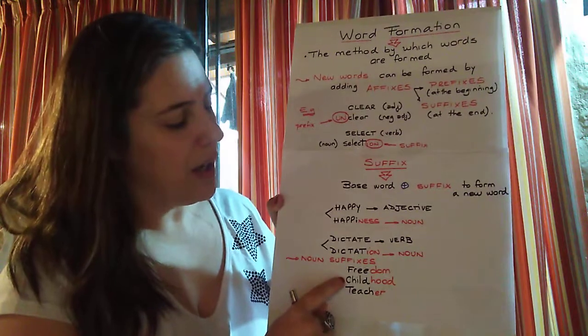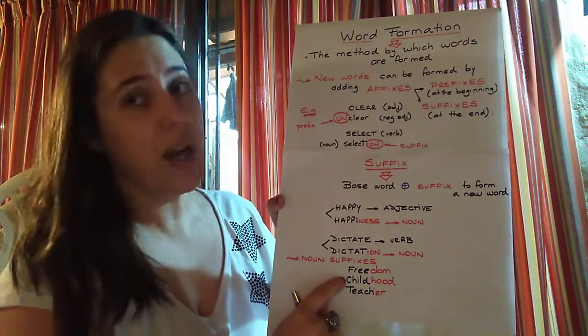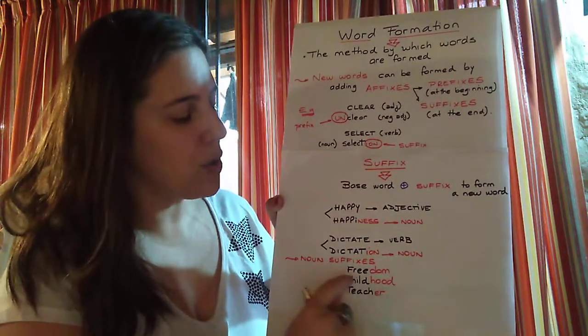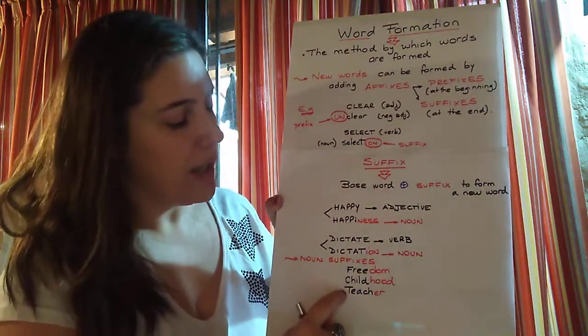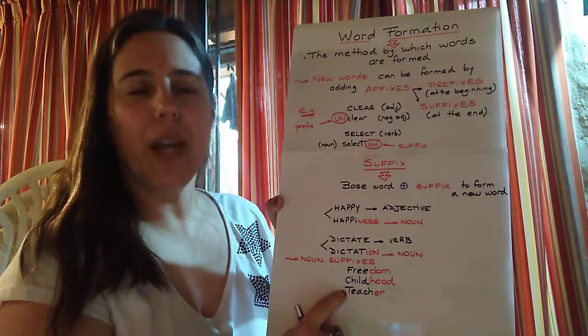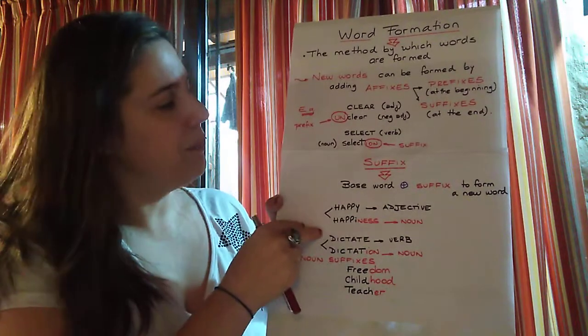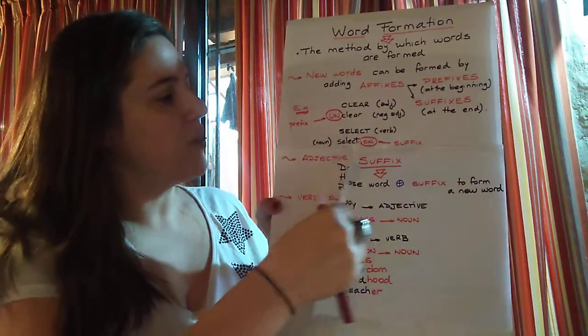Okay, the noun child, I can form the abstract noun by adding hood, childhood. If I have the verb teach and I need to have the noun, teacher. Okay, these are examples of nouns.